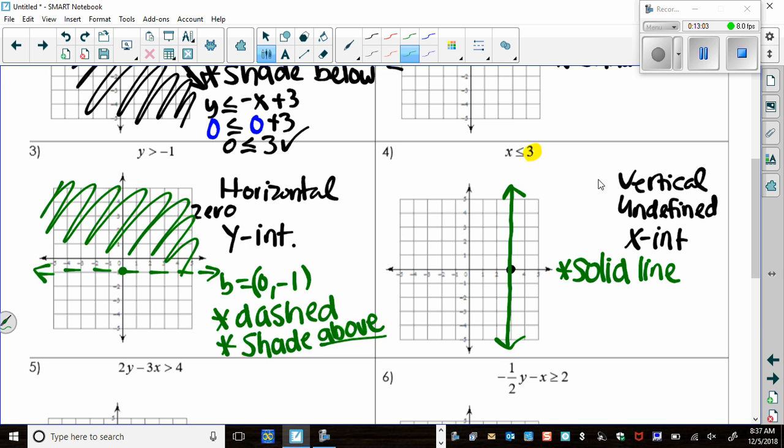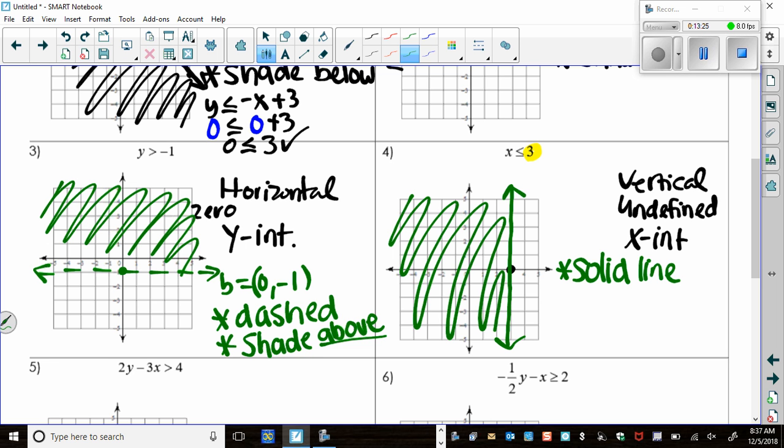You are reading this inequality and saying, okay, x is less than or equal to 3. So what are the numbers that are less than or equal to 3? Those numbers are 2, 1, 0, -1, -2, all the numbers that are on the left-hand side. So that's where you're going to shade. There are those rare cases where you have to shade left or right, and that's only if you have a vertical line. So you have to know the difference between those two, okay?